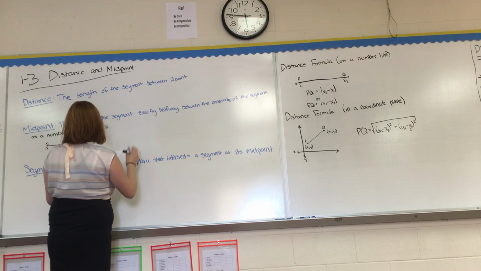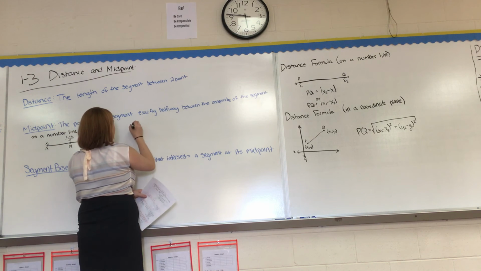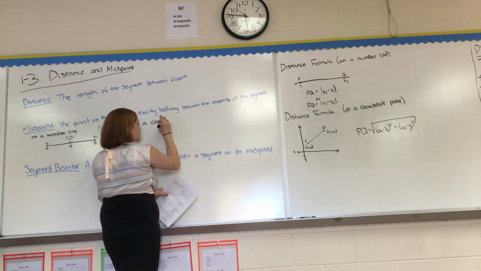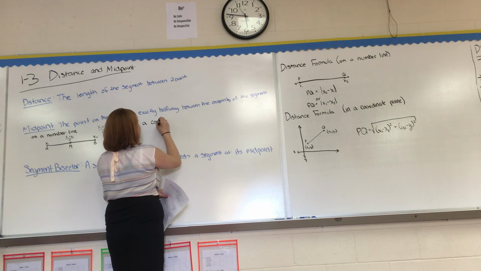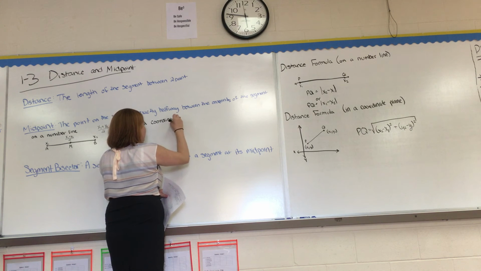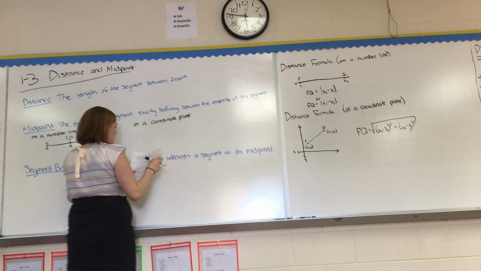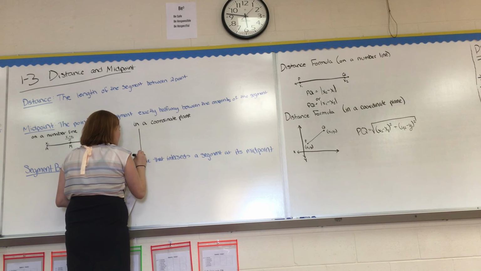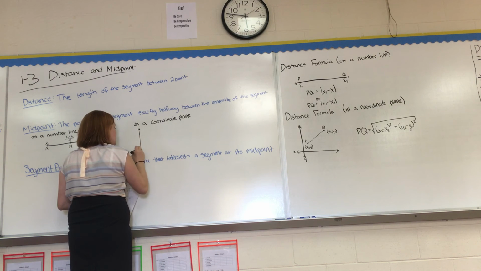Now we want the midpoint formula in a coordinate plane. Just like the distance formula, we did it on a number line, and now we are doing it in a coordinate plane. So let's draw this out again. Remember, we want labels.